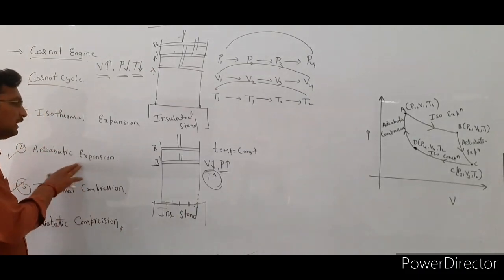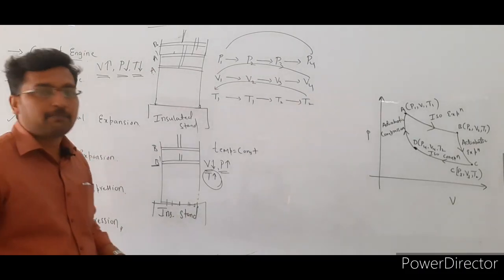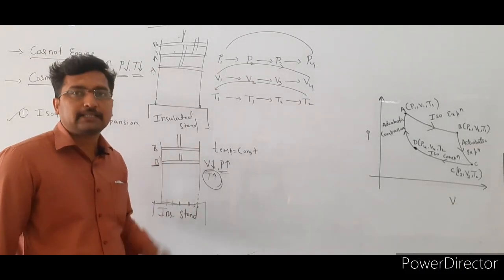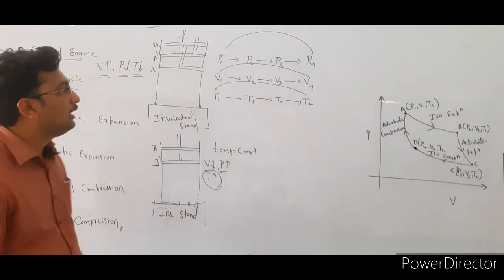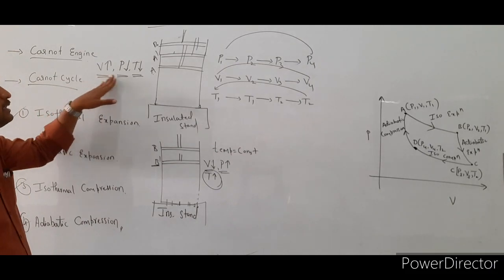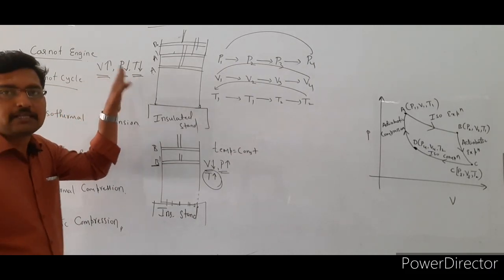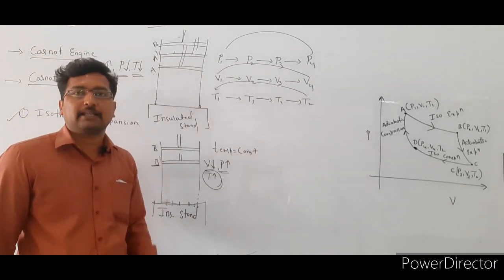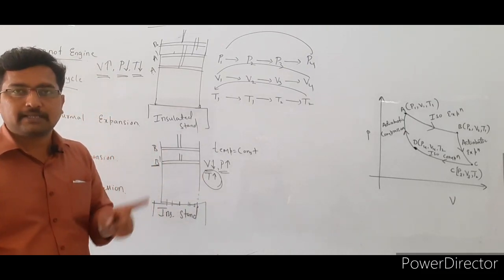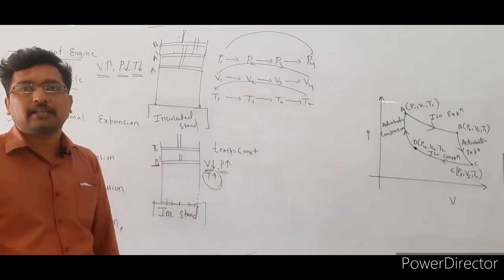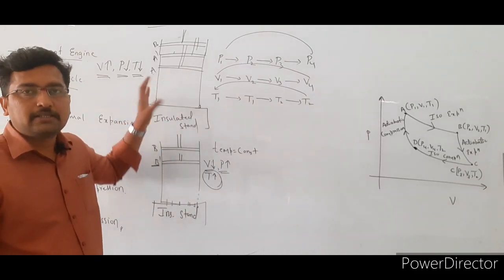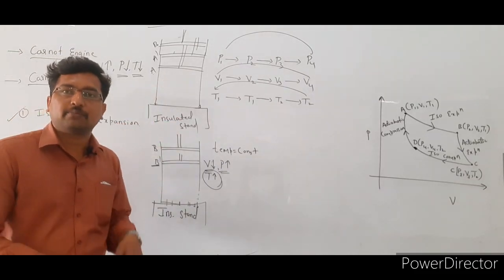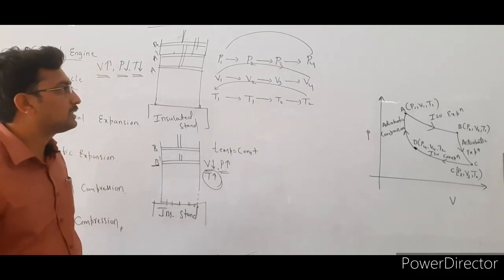And the next one, in adiabatic expansion, we place the same cylinder on an insulated stand, and the gas is allowed to expand adiabatically. In that case, the volume increases, pressure decreases, and temperature also decreases, because in an adiabatic process there is no exchange of heat energy between system and surrounding.